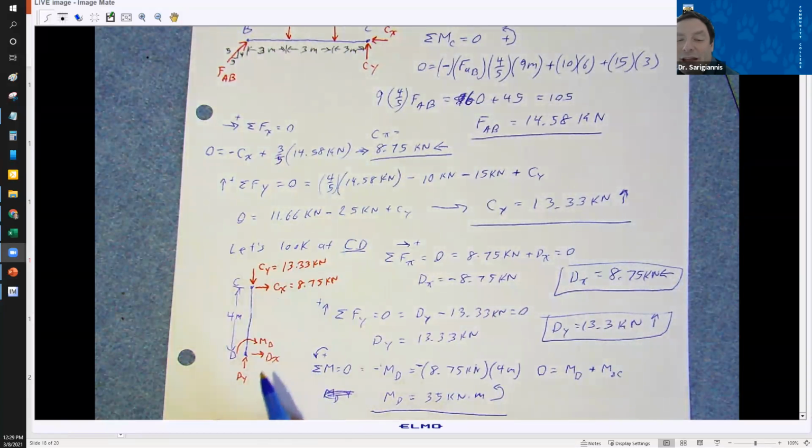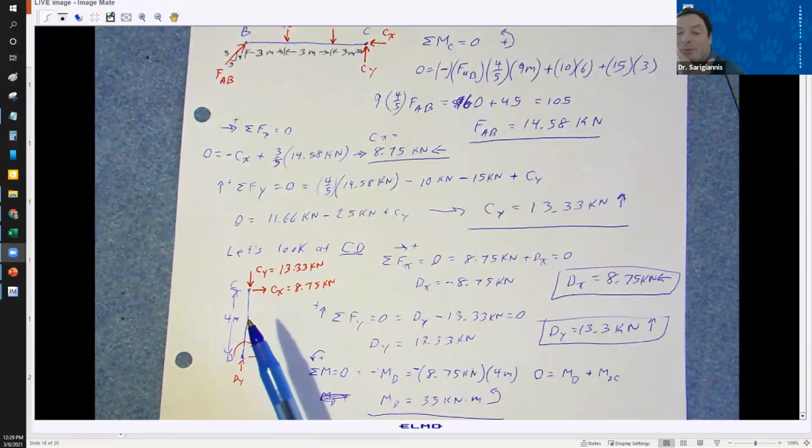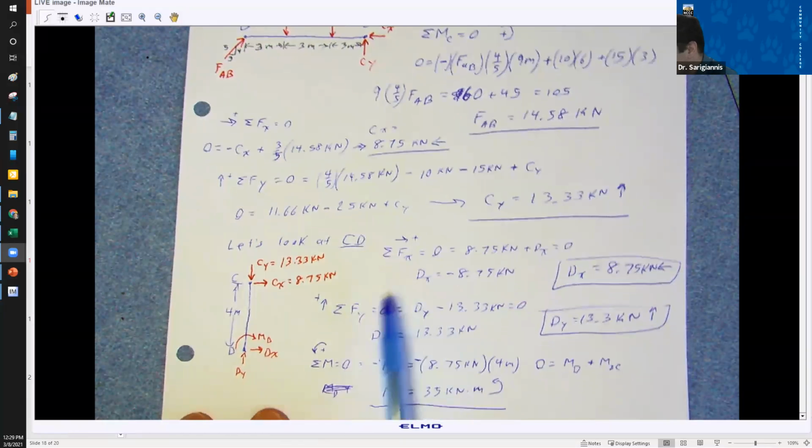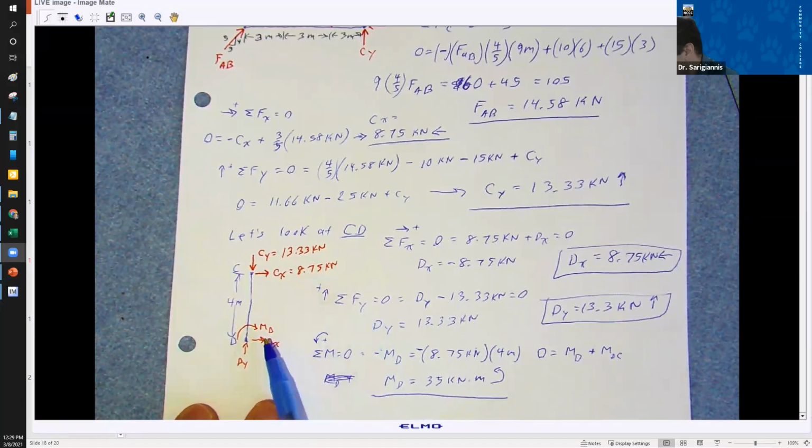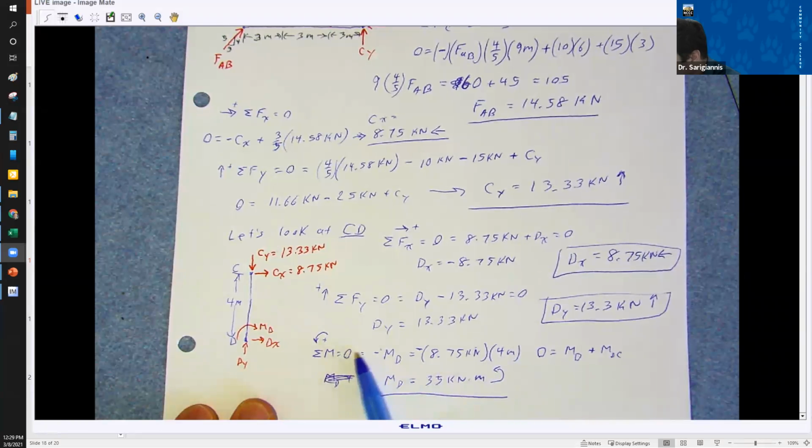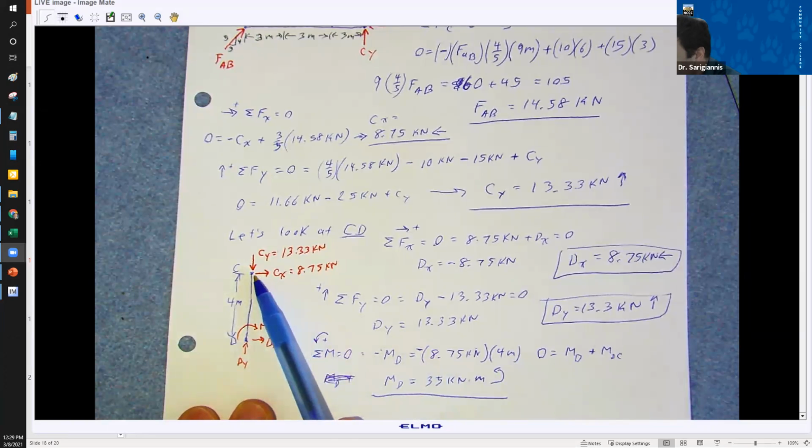And then from here, we just solve the problem using the sum of the forces in X, the sum of the forces in Y, and the sum of the moments equals 0. So we needed to have the sum of the moments for this whole structure equal to 0. And this is a cantilever structure, again, similar to what you've analyzed before. You're just being careful about the sum of the moments here, right? Your internal moment here is actually opposing, right?